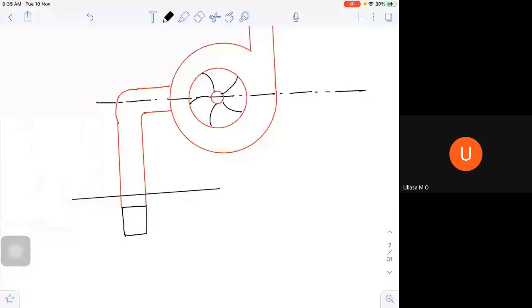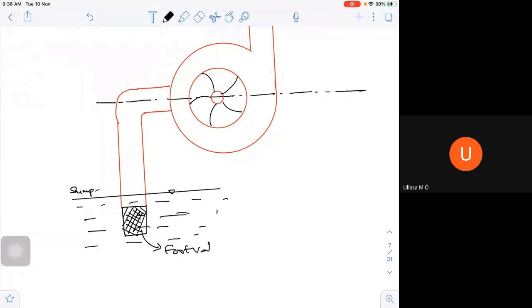This is my simple foot valve, and this is my free surface, the water free surface of the sump. The foot valve is completely immersed in the water. If I call this Z, this is my datum for all references, and this is my suction pipe.